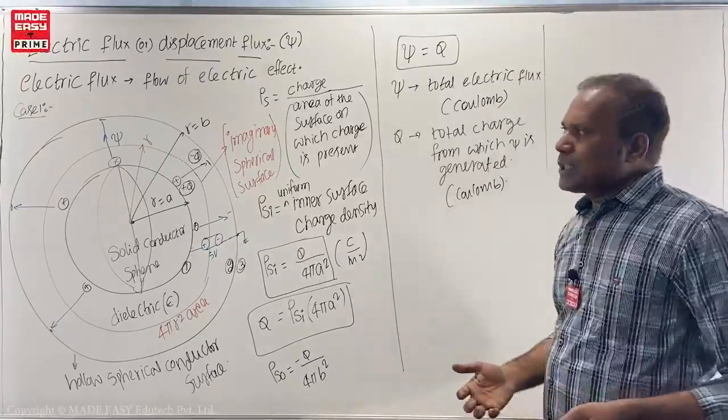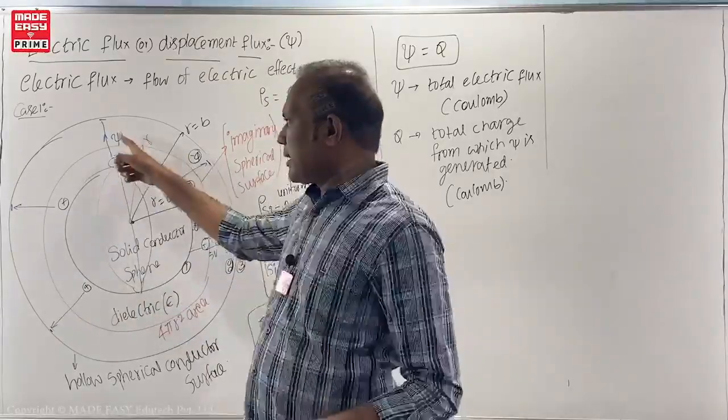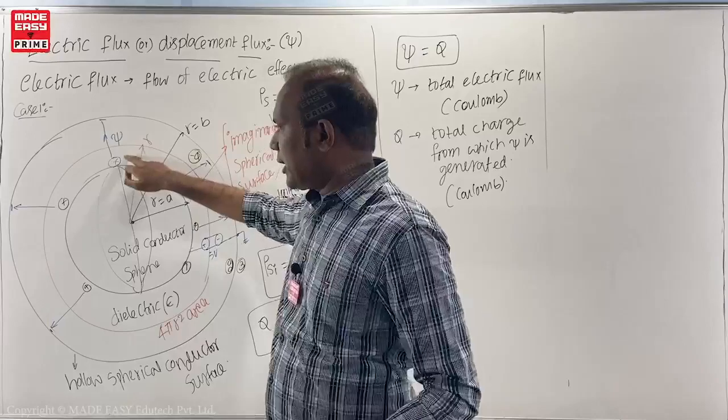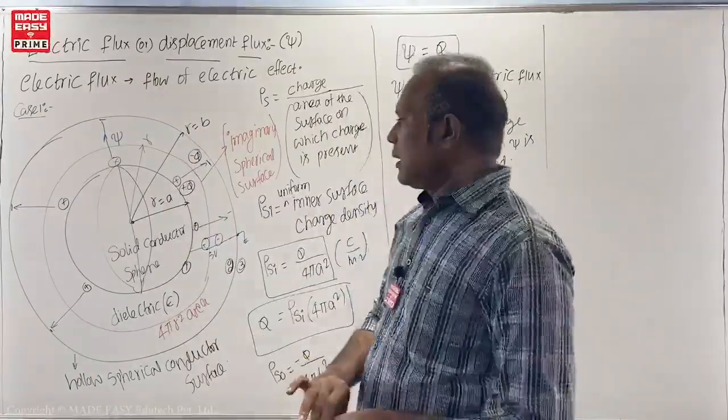How much flux crosses this imaginary spherical surface? Answer: psi, because whatever electric flux is generated, that much crosses that spherical surface.